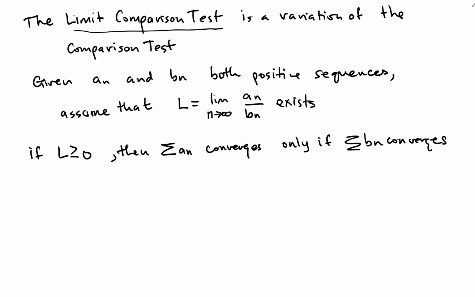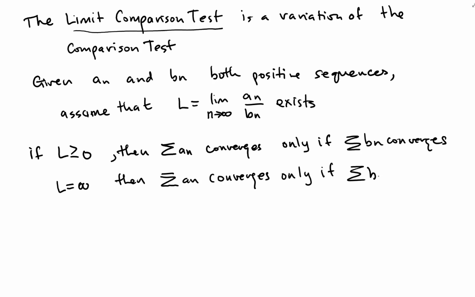The bottom series diverges, then the entire limit won't exist. If the limit is exactly infinity, then, and we know that this converges, well, it'll only converge if b sub n converges.